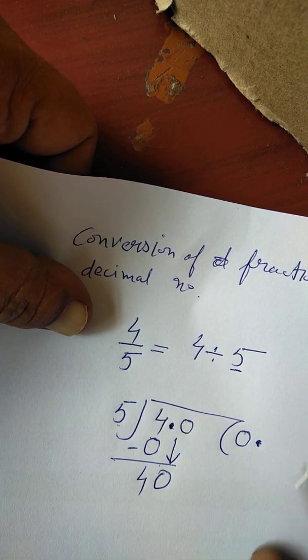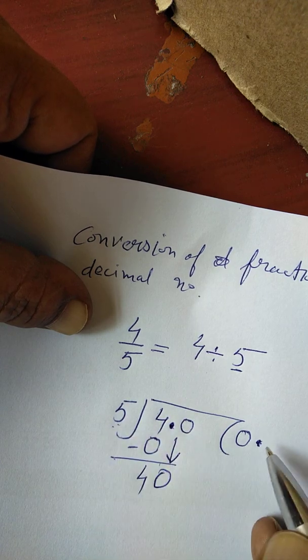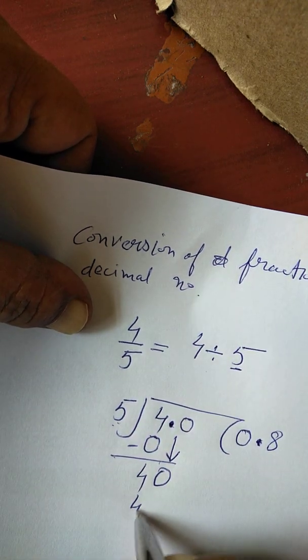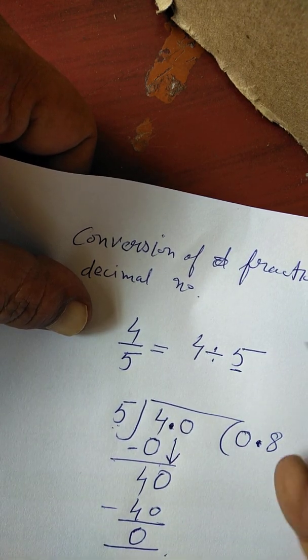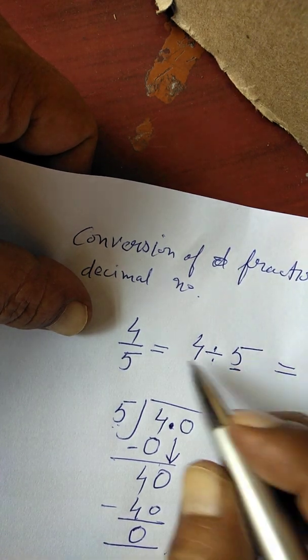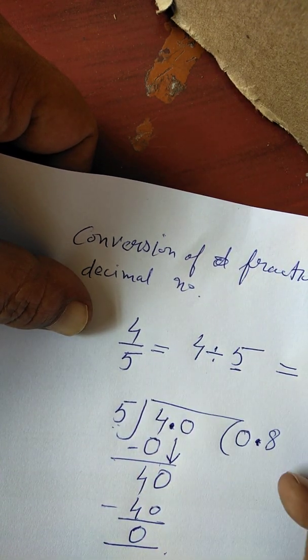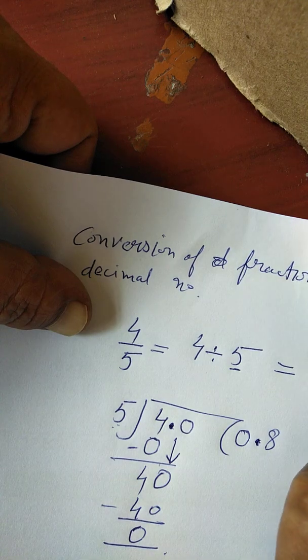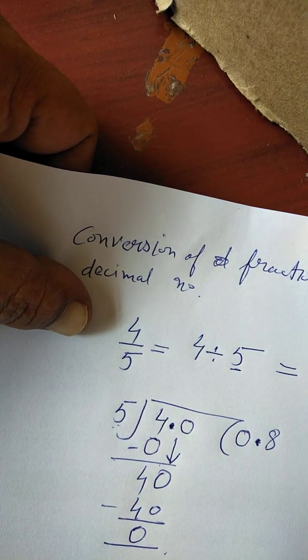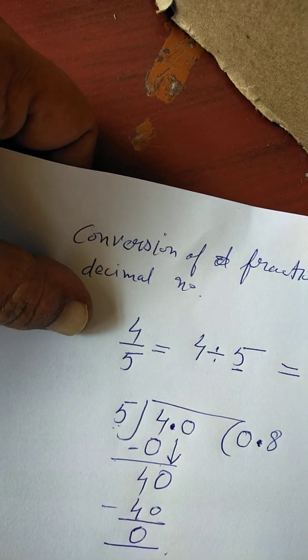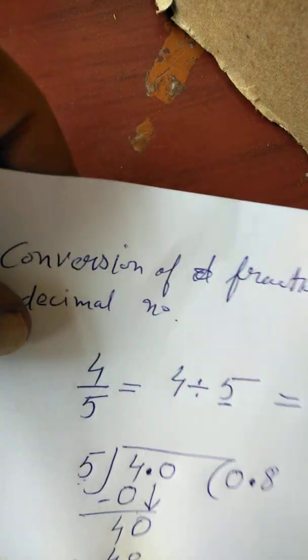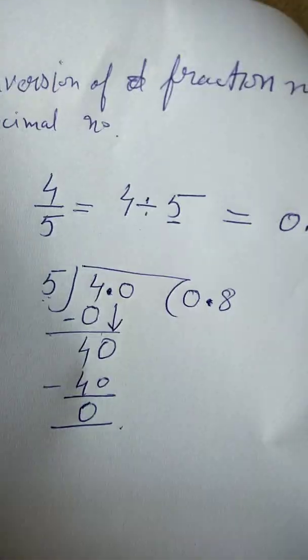Now it is 40. So recite the table of 5. 5 eights are 40. So your remainder is 0. So when we divide 4 by 5, the number that you converted into decimal is 0.8. Now let us take another example.